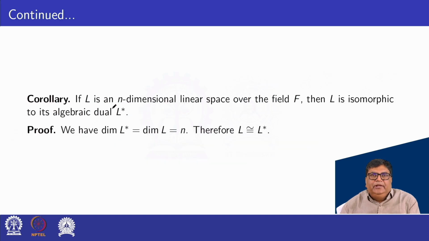Corollary: if L is an n-dimensional linear space over the field F, then L is isomorphic to its algebraic dual L star. Proof: we have dimension of L star equal to dimension of L equal to n, therefore L is isomorphic to L star.